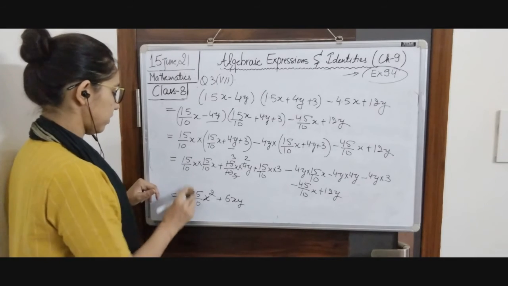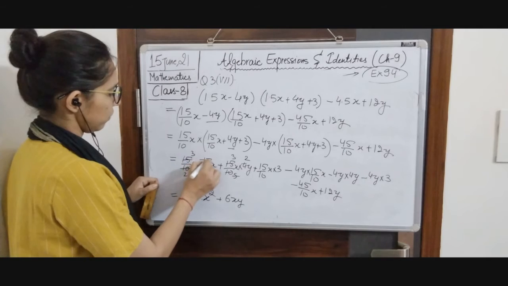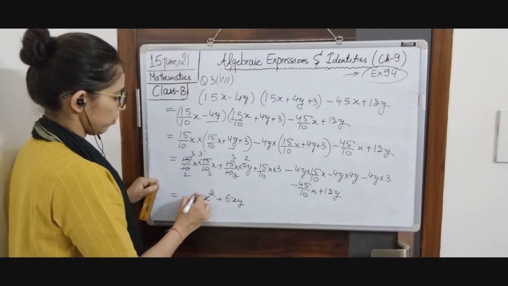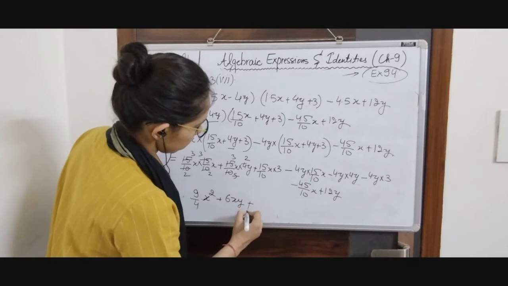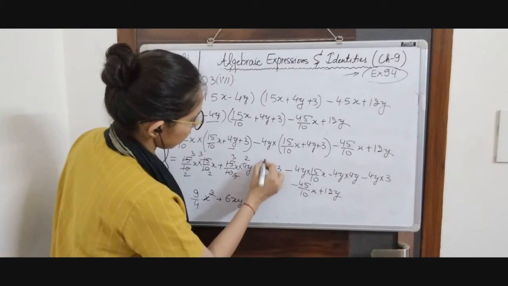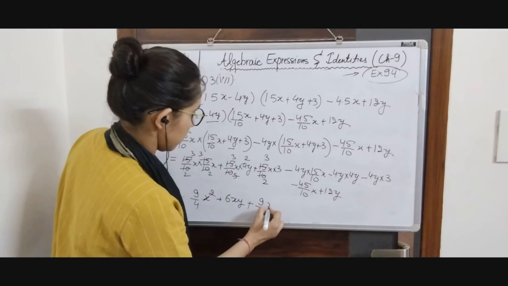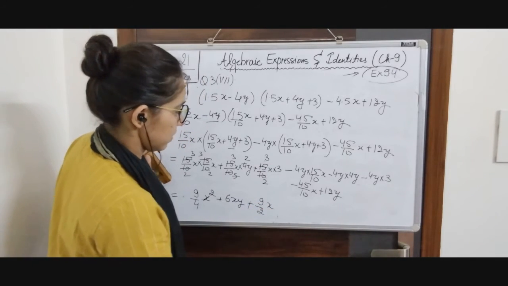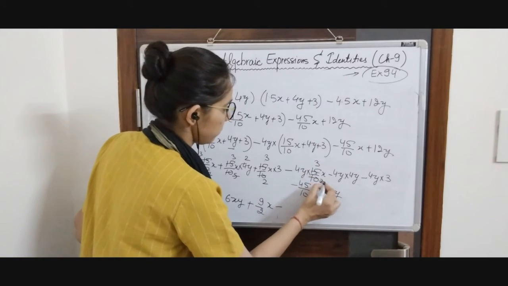Or we can simplify these also: 5 twos are 10, 5 threes are 15. This is going to be 9 by 4. Next is 5 twos are 10, 5 threes are 15. This is 9 by 2, x only. Yes. Next one is 2, 3, 2.